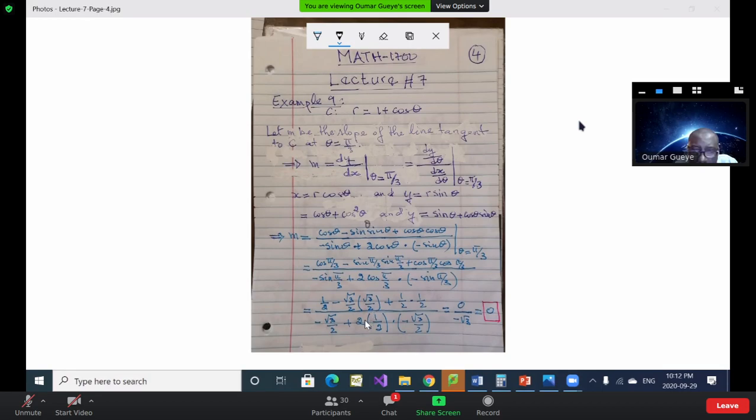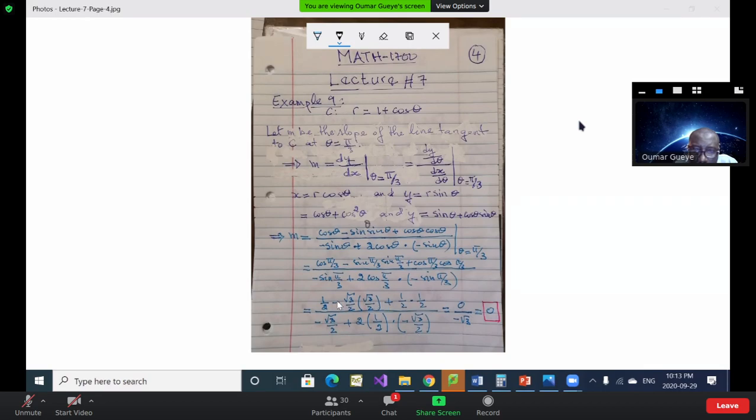And the values below here are exactly the same thing. This sine pi over 3 is negative root 3 over 2. And 2 times cosine of pi over 3 is equal to this bracket times 2 because of this 2 here. And times minus sine of pi over 3 is going to be negative root 3 over 2.